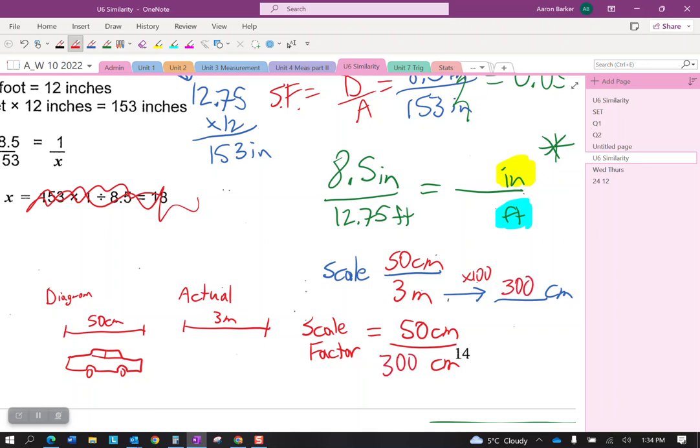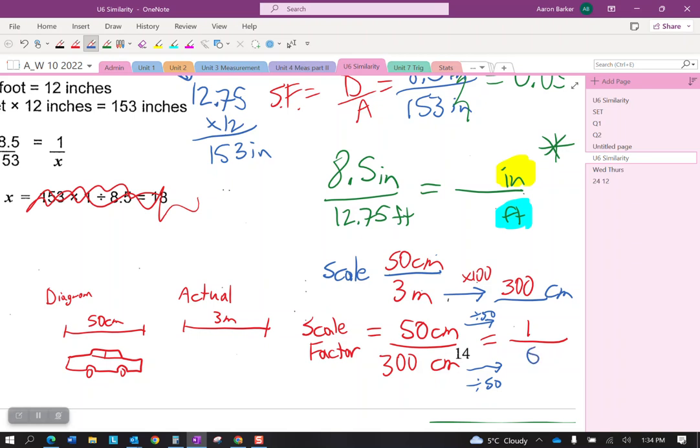So my scale factor would be 50 over 300. And that would be fine, but you'd probably want to put it in lowest terms. So we go from 50 centimeters to 1 centimeter by dividing by 50. And if we divide the top by 50, what would we have to do to the bottom? Divide by 50 as well. And you get 6.